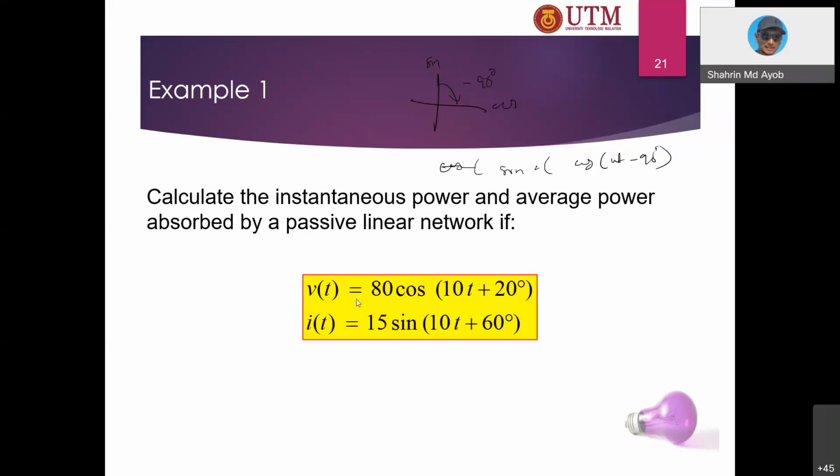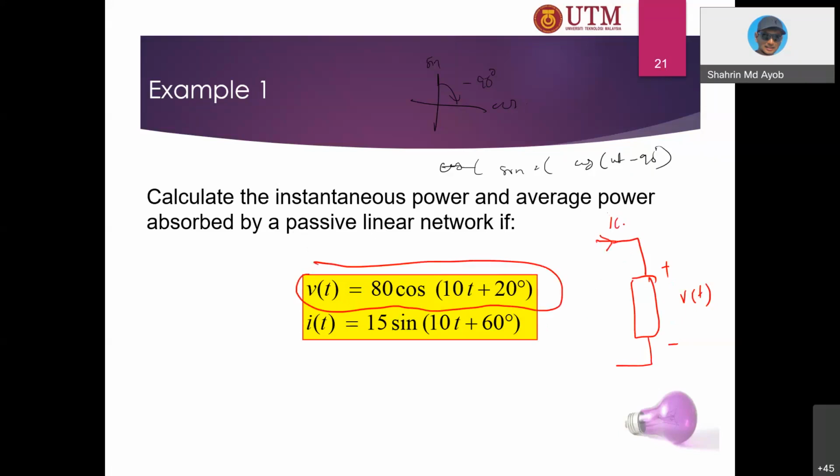Say this is the unknown element, the voltage across it is given by this expression, and the current that flows inside that element is given by this equation. Calculate the instantaneous power and average power absorbed by the passive element.